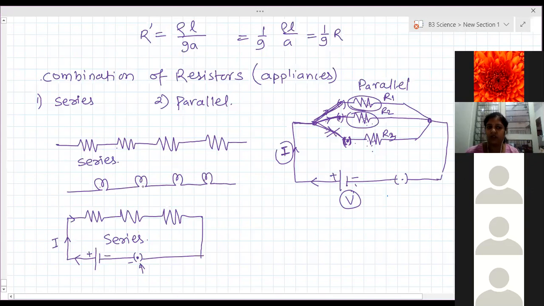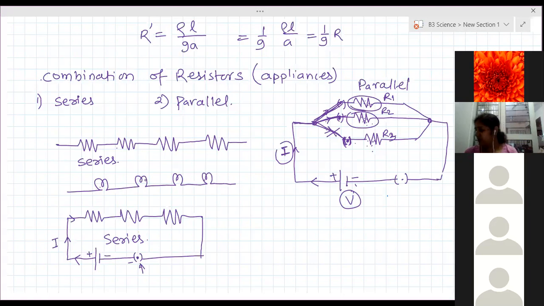One after the other, they are connected. After each bulb, will there be one small resistor or something? No. If you want, you can connect one, but it is not needed. It is already a series combination, so there is no need for any extra resistance. The bulb itself is already providing resistance. Okay, ma'am.